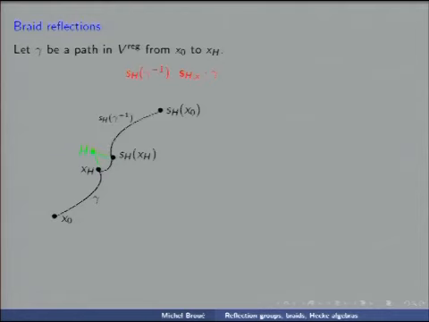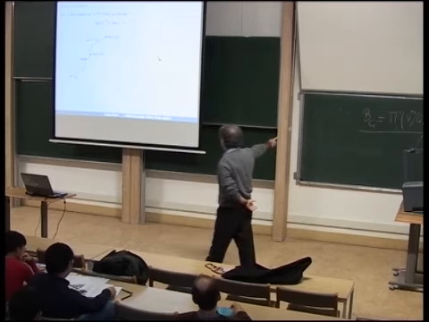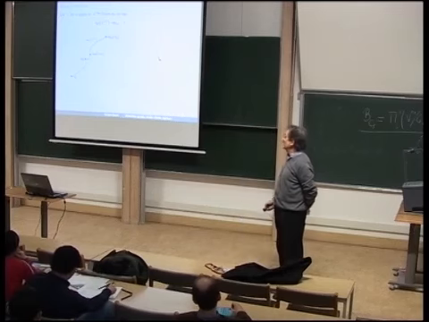And then I compute the reflected image of gamma minus 1, which brings me back to s_H of x naught. And the whole path which I have here, once again, is a loop in the braid group.